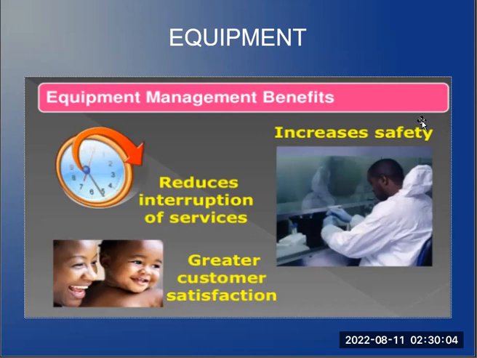It increases safety. As you can see, this is a biosafety cabinet. It's usually used in either the molecular diagnostic lab or in clinical bacteriology.